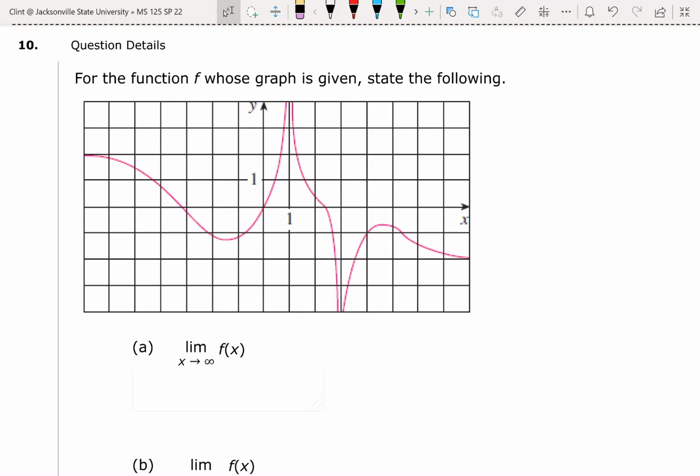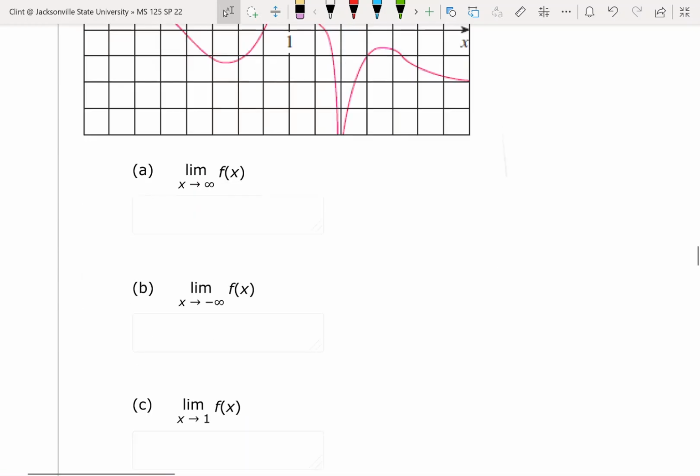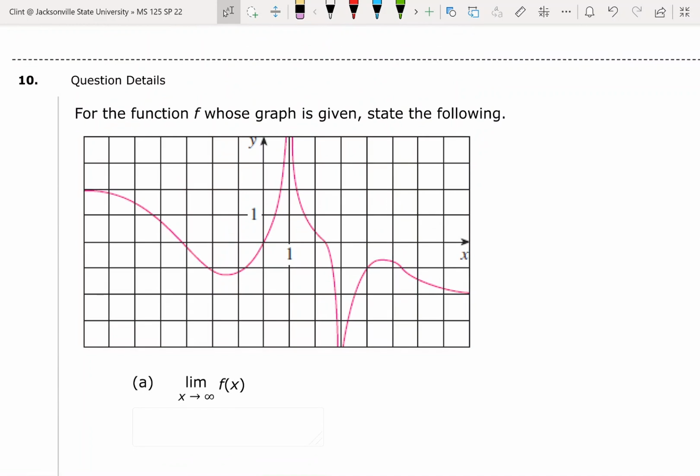And then let me guess, they've got approaching 1 and approaching 3. And there we go. So as x approaches 1, what would we say about our limit there? Infinity. And then at x equals 3, that one's going toward negative infinity.